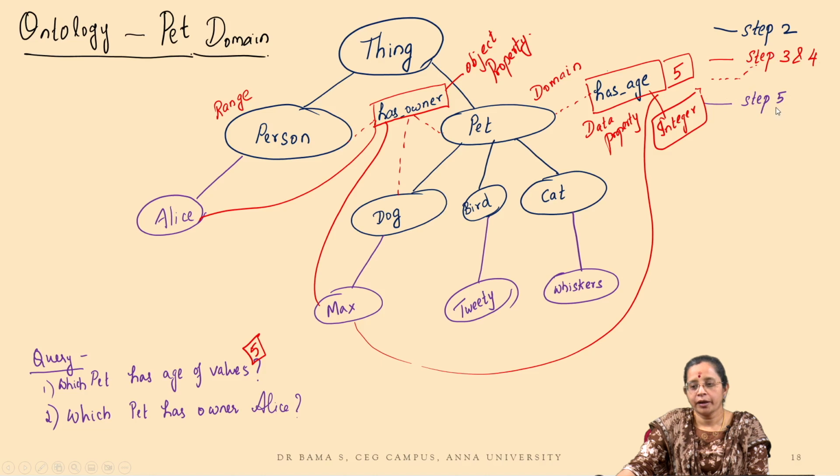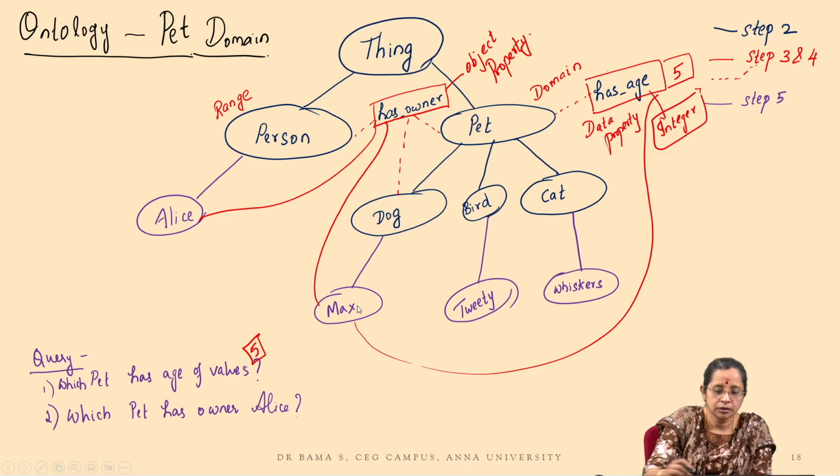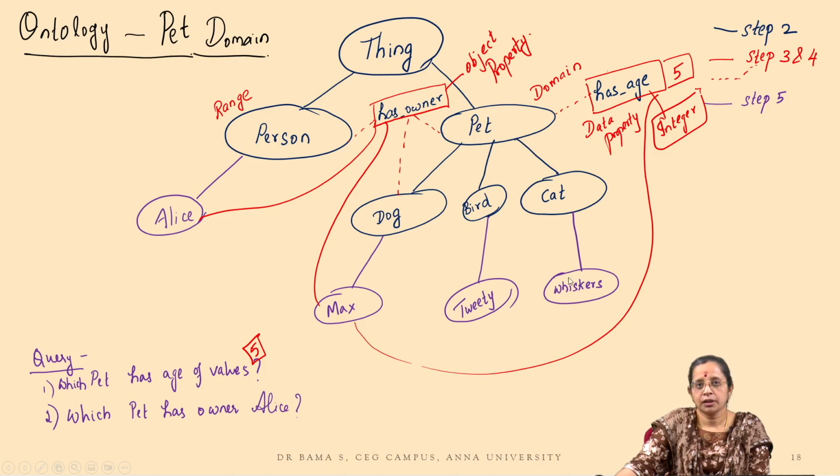In step 5, we are going to give the instances, which is in purple color. If you see, Alice is an instance of person. There is a name called Alice as a person. Max is an instance of dog. Tweety is an instance of bird. Whiskers is an instance of cat.